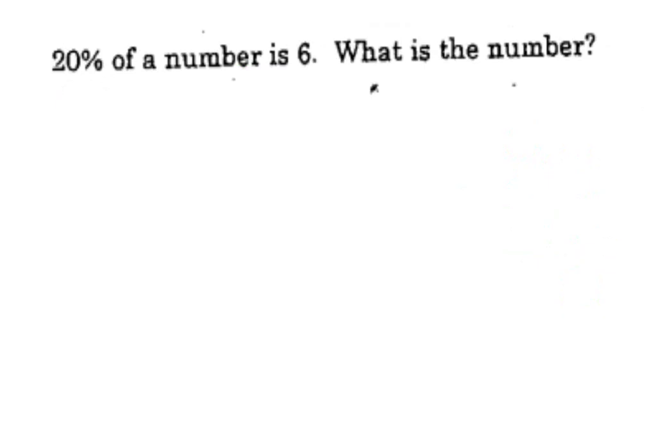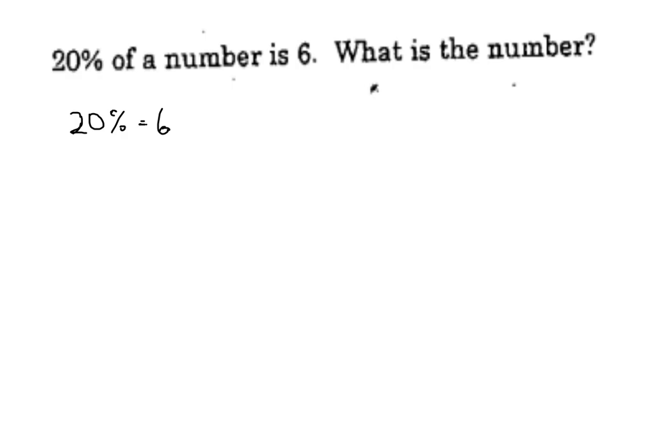They tell us that 20% of some number that we don't know is 6. Right? So one of the first things we should consider doing is writing the 20% as a fraction.